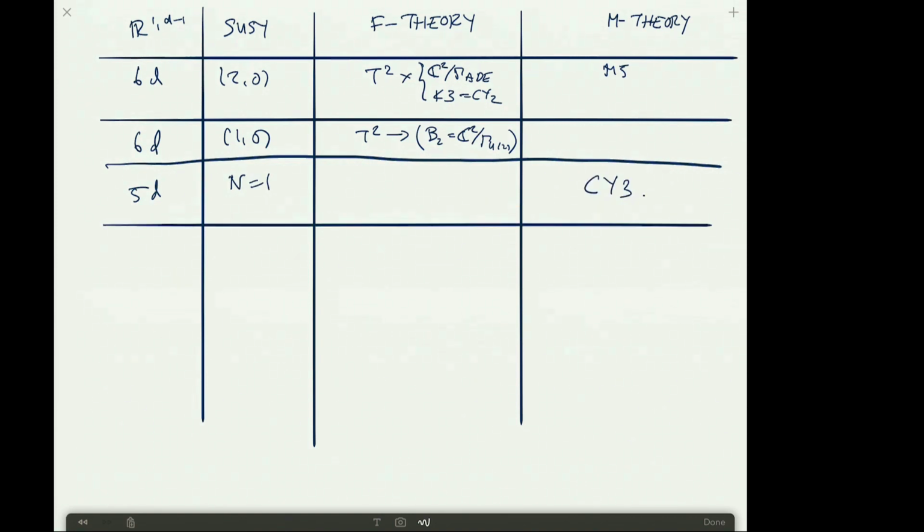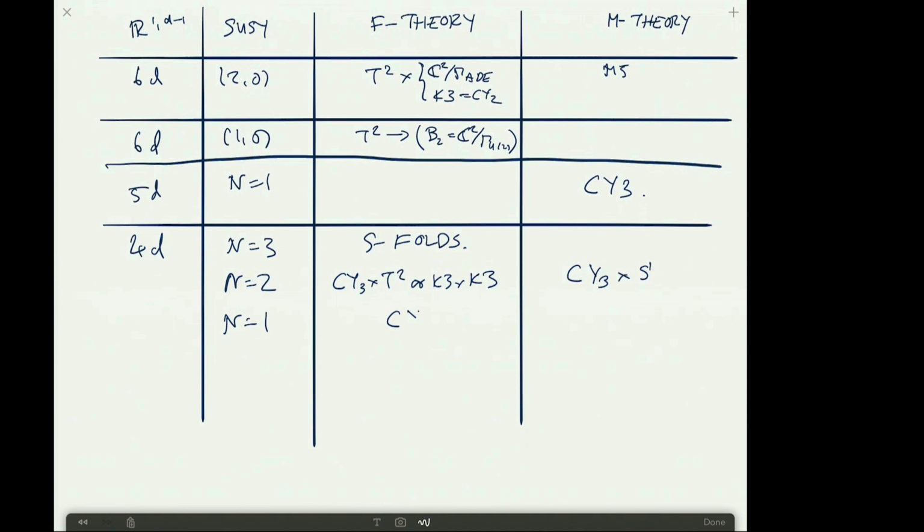And then in 4 dimensions, which might be the most interesting, we have for N=3, very recently, S-folds in type IIB. For N=2, these are the classic results, Calabi-Yau 3 times T^2 or K3 times K3. In M theory, they're just obtained as Calabi-Yau 3 times S^1 reductions. And then N=1, we can get in F theory from Calabi-Yau fourfold reductions, or in M theory from G2.